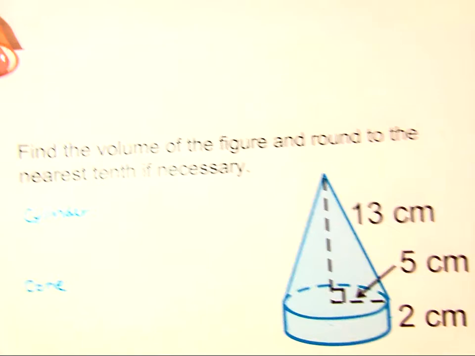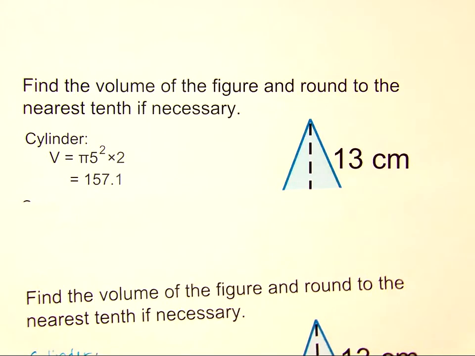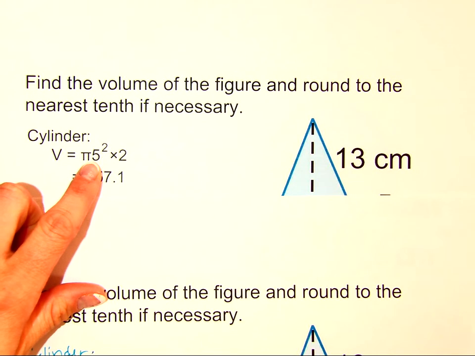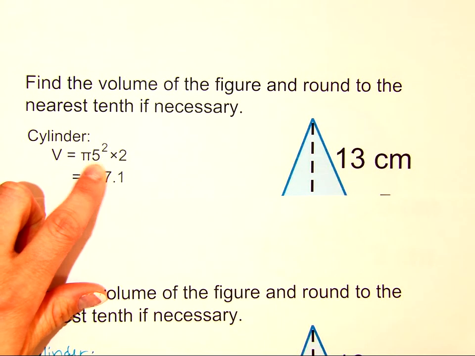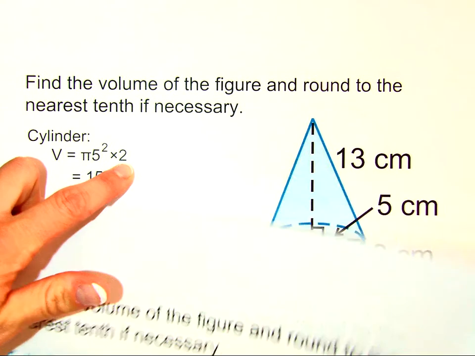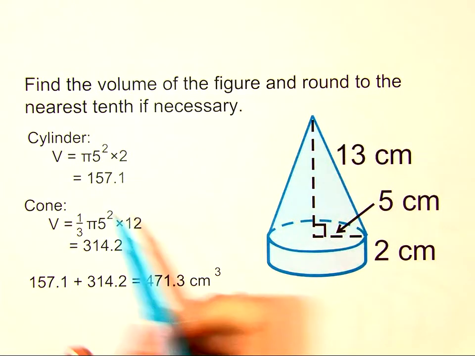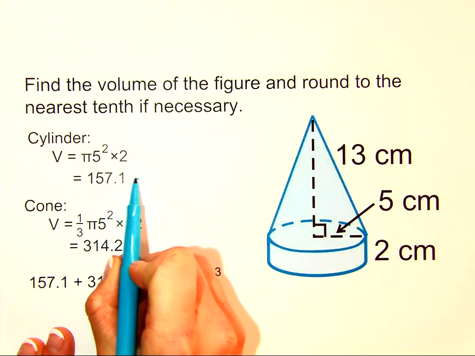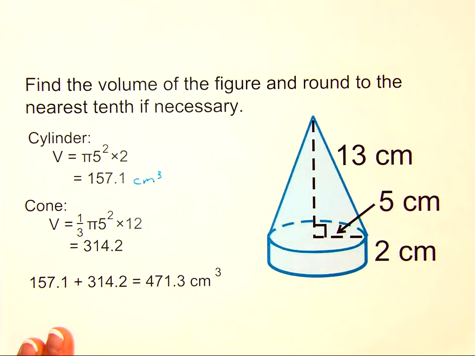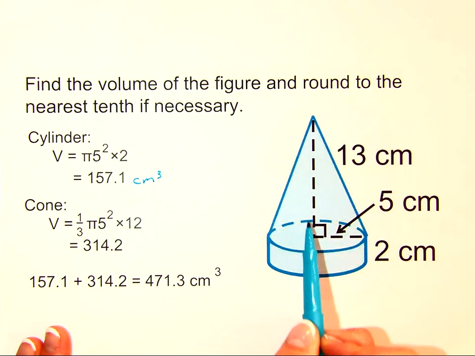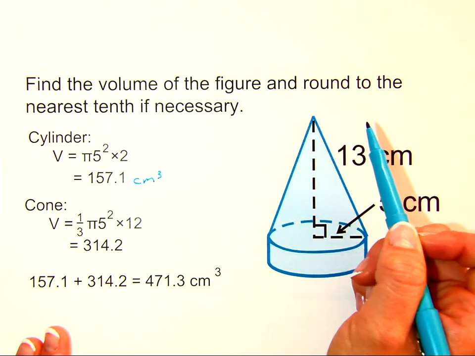So in the cylinder, we can see that our radius is 5 and our height is 2. So that gives me our volume to be 157 cubic centimeters. Our cone, our radius is 5 and our height is 12.